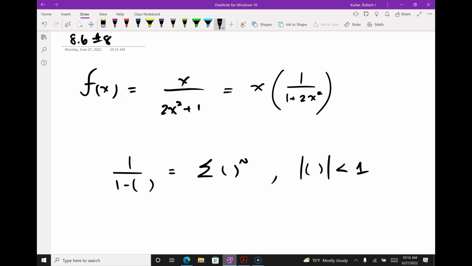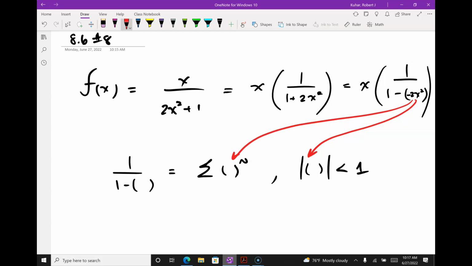And it looks like I'm pretty much done. I want a negative in front of that 2x squared, right? Of course, I have to cancel it, right? But you can clearly see what I'm putting in for my series, and I already have that first one.